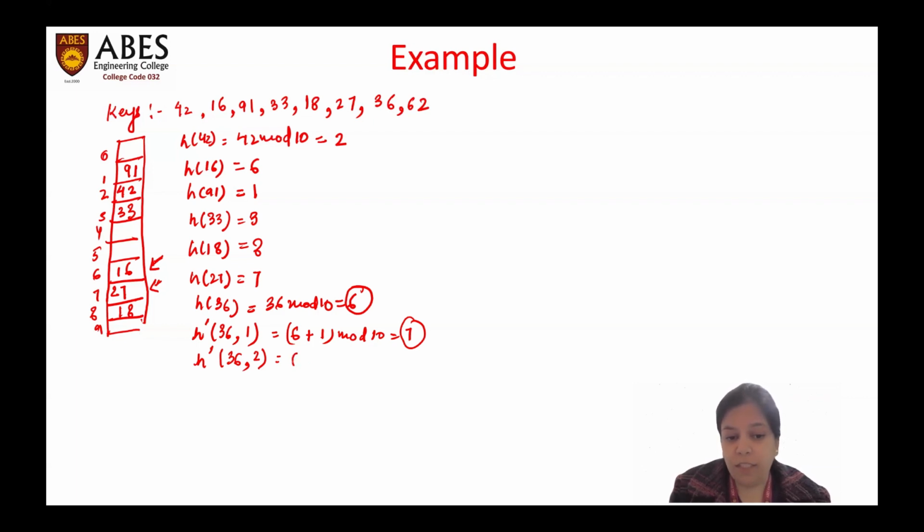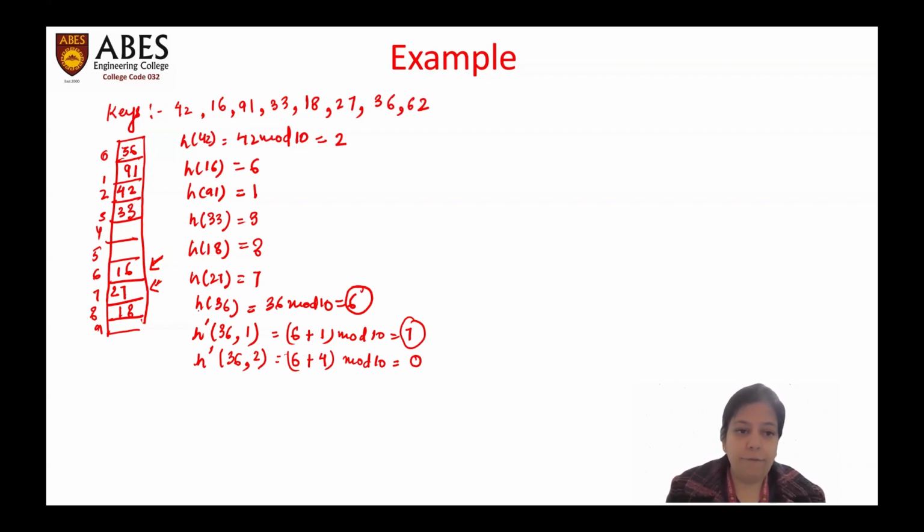So h(k) is 6 and i square is 4, and then we mod by 10. Here we get 0. Index 0 is empty, so 36 will be stored at the 0th index.